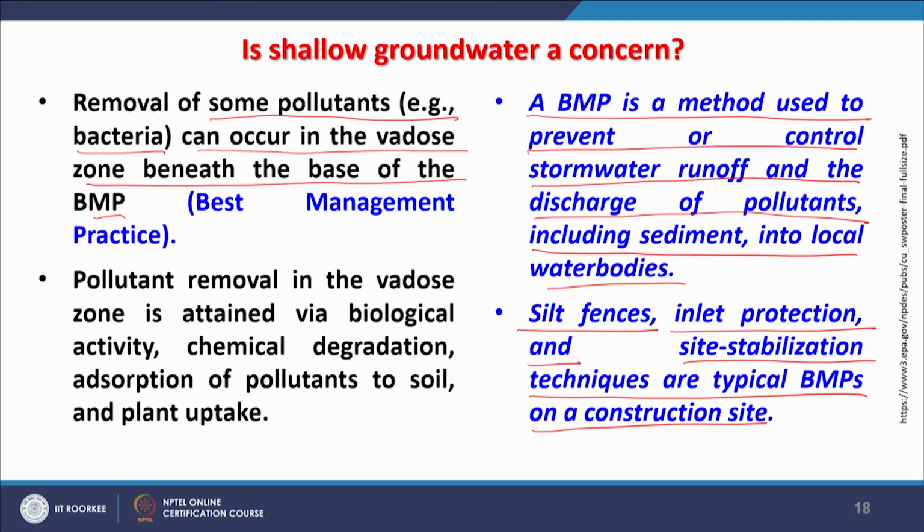Now, if there is already pollutant present in the water, then how can it be removed? Pollutant removal in the Vadose zone is attained by biological activities, chemical degradation, absorption of pollutants through soil, and plant uptake. In such areas, you know that a eucalyptus plant, for some areas it is quite good, but for many areas it is really bad, because it consumes a lot of water.